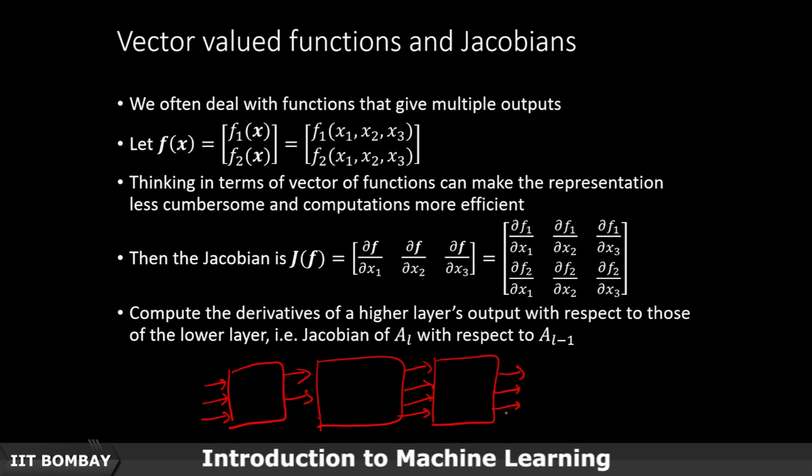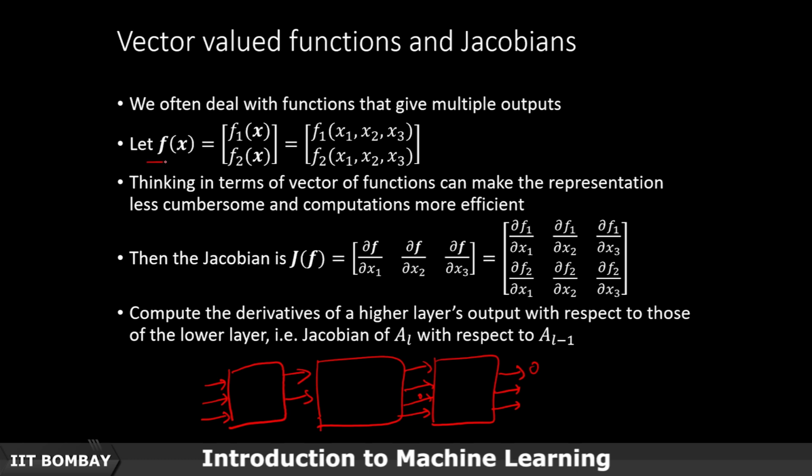If we take each of these outputs of one layer and take its derivative with respect to each of the outputs of the previous layer, then we get a matrix of partial derivatives, which is exactly what the Jacobian is.